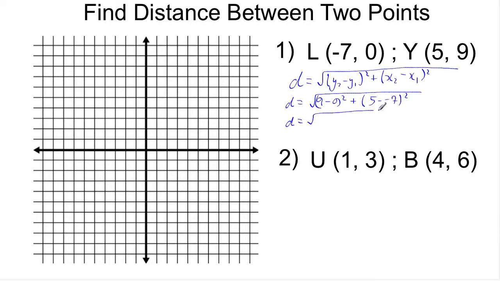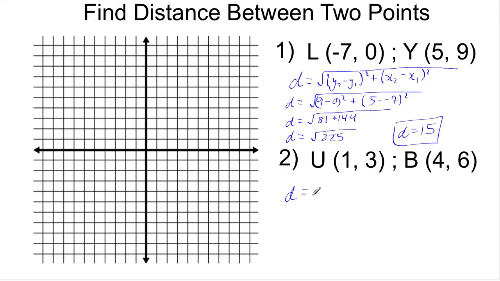So distance is going to be equal to 9 minus 0, which is 9. Squared is 81. 5 minus a negative 7 is 5 plus 7, which is 12. So 12 squared is 144. Now if I add 144 and 81 together, I'm going to get the square root of 225. And that actually is a perfect square. So distance is equal to 15. So it works out in that case. We don't need to reduce this radical.